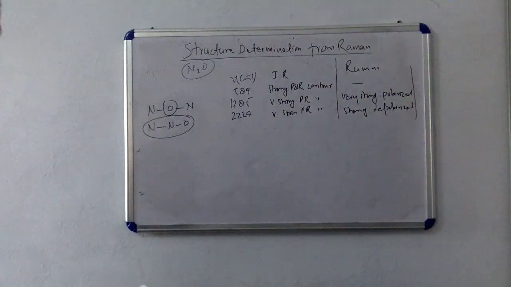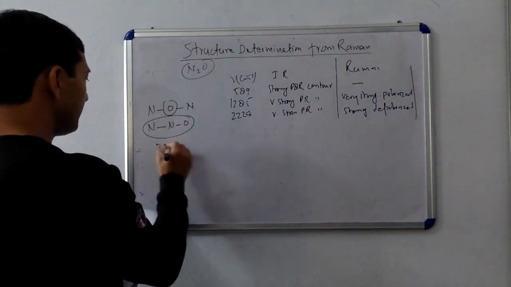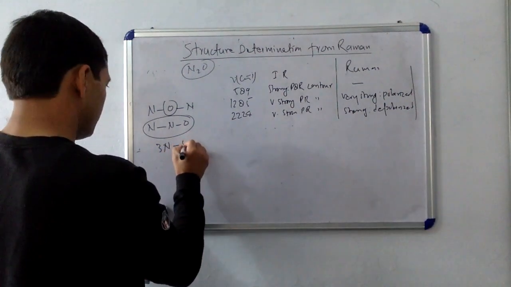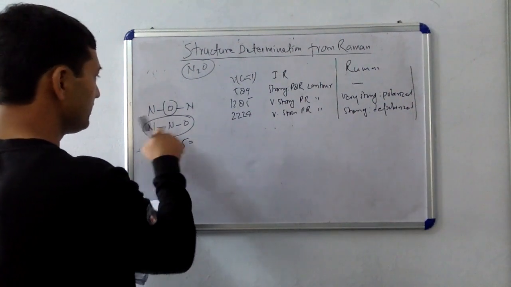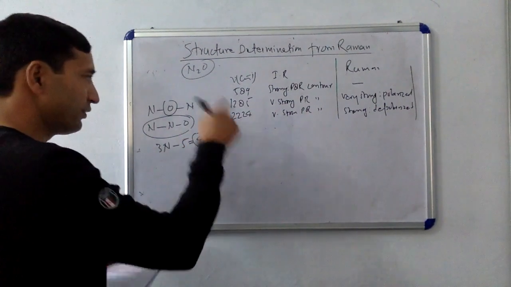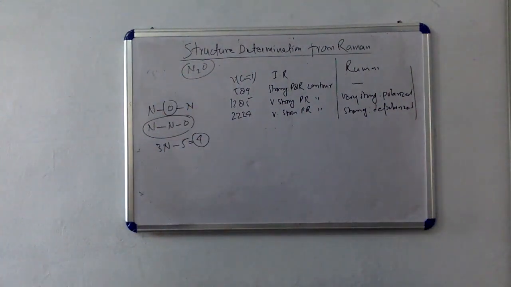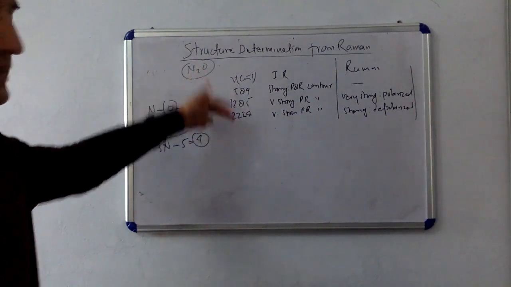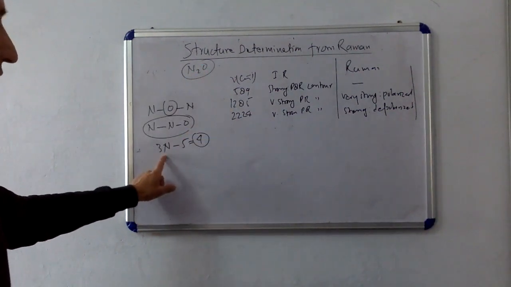The number of vibrational modes for a linear molecule is defined as 3N minus 5. With 3 atoms, that is 3 times 3 minus 5, equal to 4. But you have only 3 bands, corresponding to 3 vibrational modes.